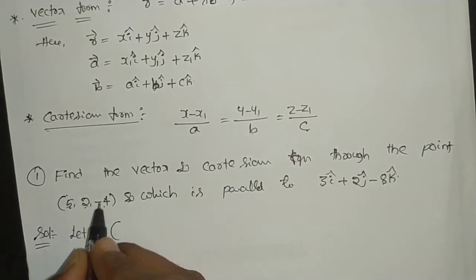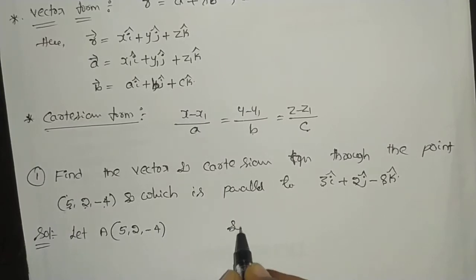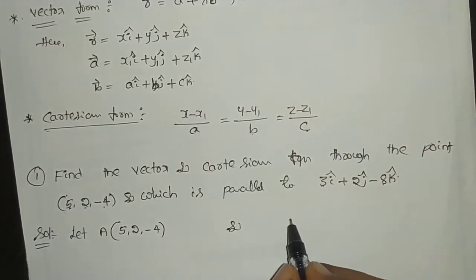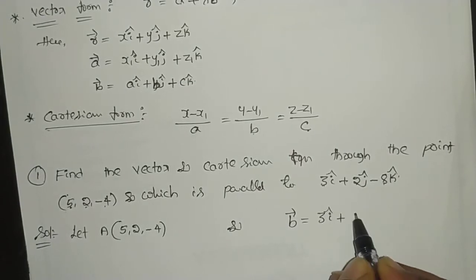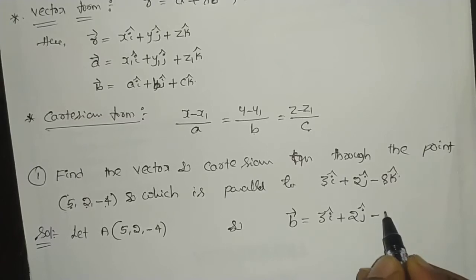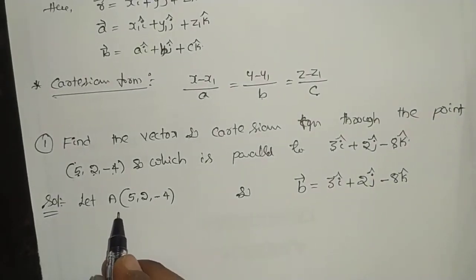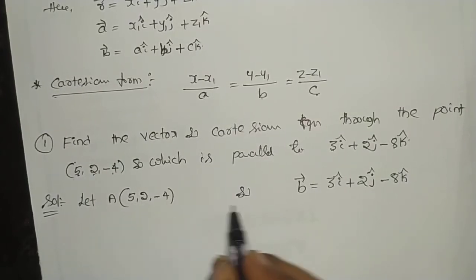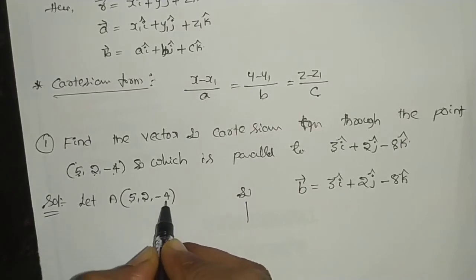Let the point A be (5, 2, minus 4), and the parallel vector b vector equals 3i cap plus 2j cap minus 8k cap. Here x1 is 5, y1 is 2, z1 is minus 4.